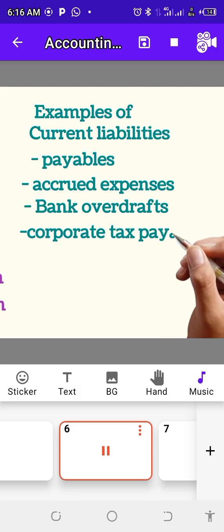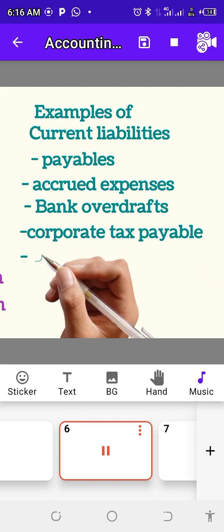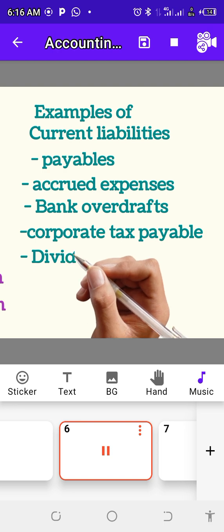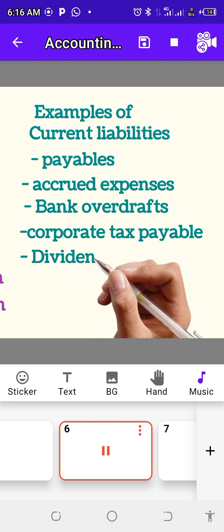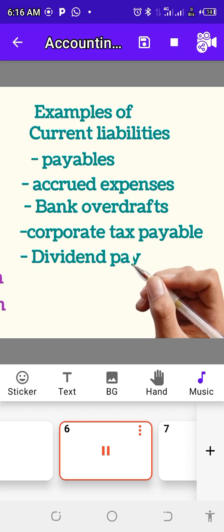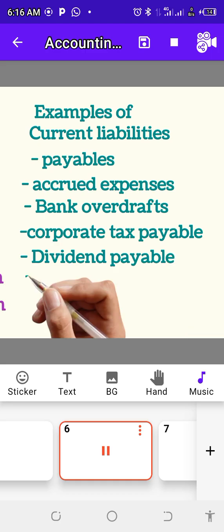Then we talk about dividend payable. These are examples of current liabilities.